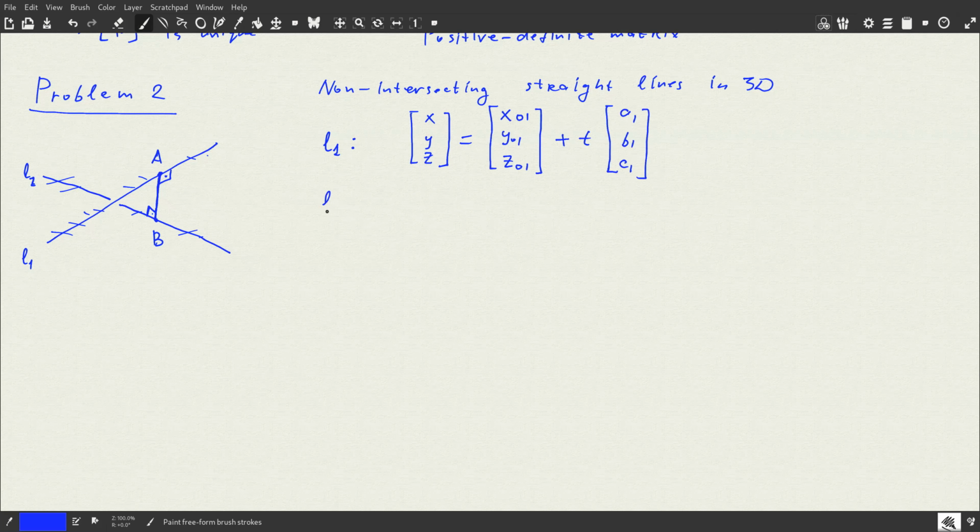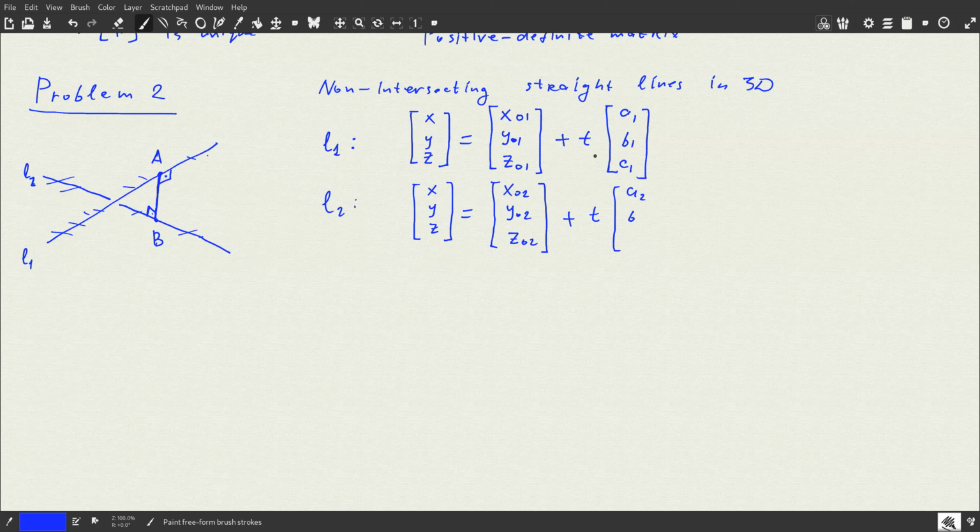And L2 has equation (x, y, z) equals to some completely different initial point. By the way, this is not A and this is not B, just some initial points which may be 1 million light years away from us. We don't know. They're just some given points. x02, y02, z02 plus t times a2, b2, c2, and actually the parameters are even different.